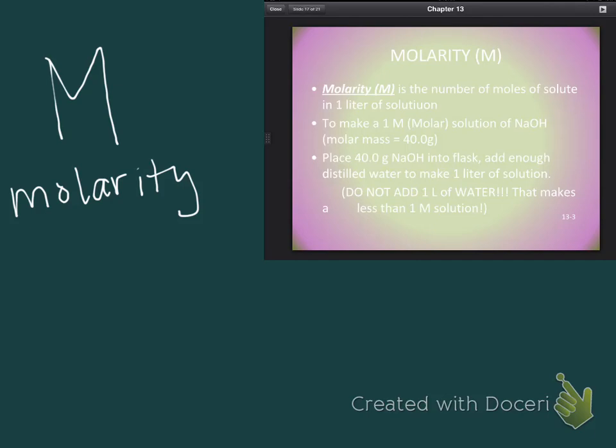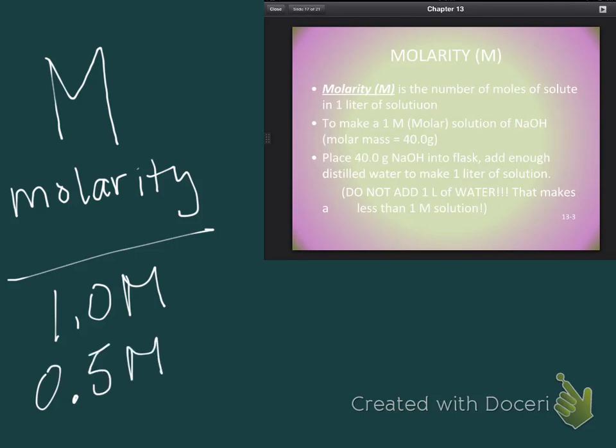Everything in this lab, when we do a lab, all of your reagents are marked for molarity because you're typically using solutions. We don't typically hand you dry chemicals. You're usually getting an aqueous solution, a solution in water, and they're all marked for molarity. So you might see a container that says 1.0 molar or 0.5 molar or 0.1 molar.